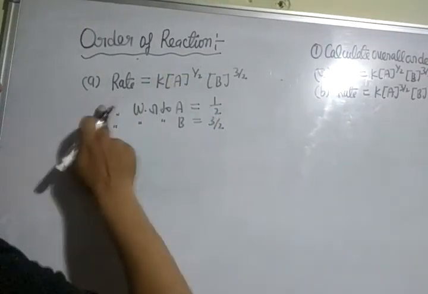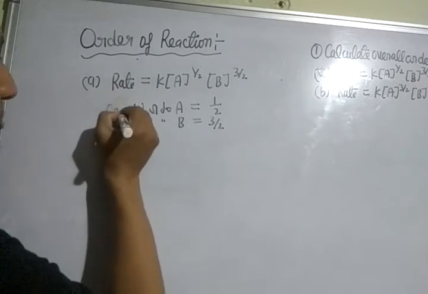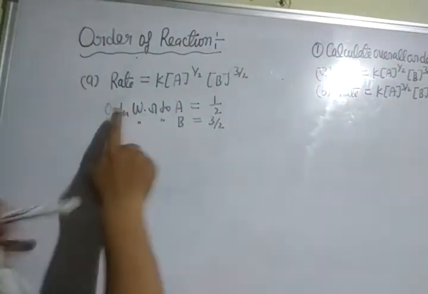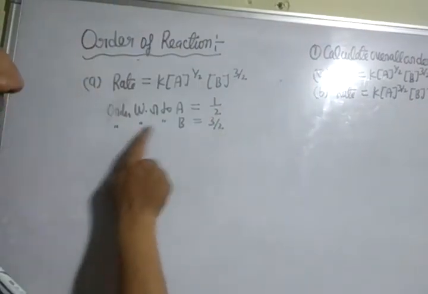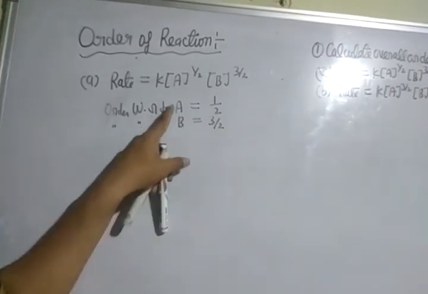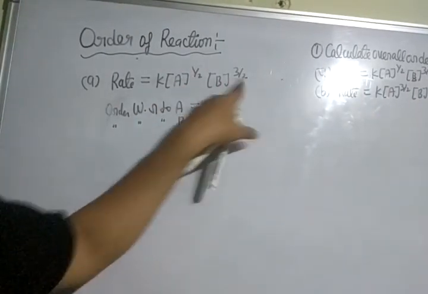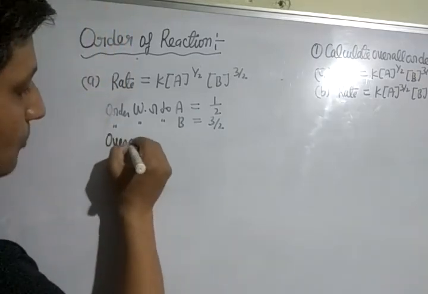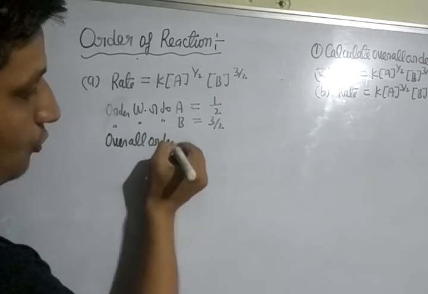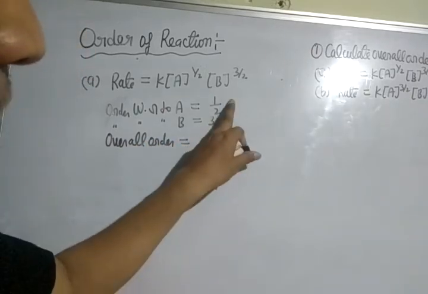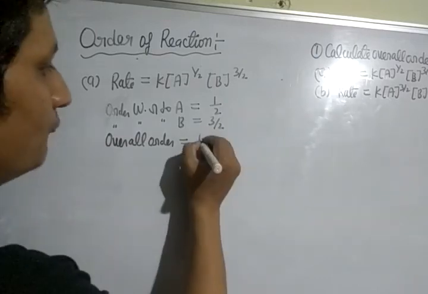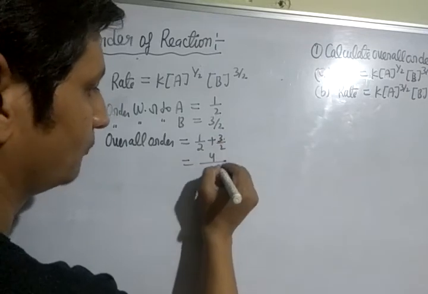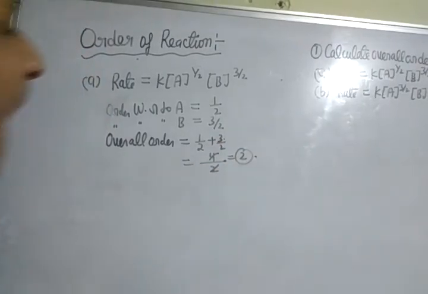So order with respect to A is 1/2, order with respect to B is 3/2. Overall order of reaction is equal to sum of order of A plus order of B, 1/2 plus 3/2, LCM 2, 3 plus 1, 4 by 2. So order is 2.